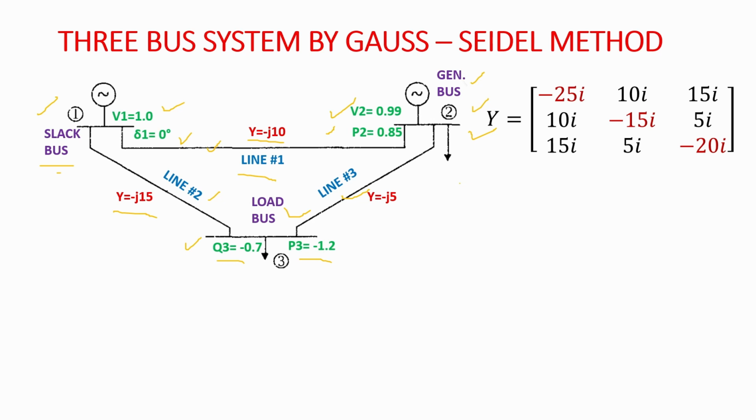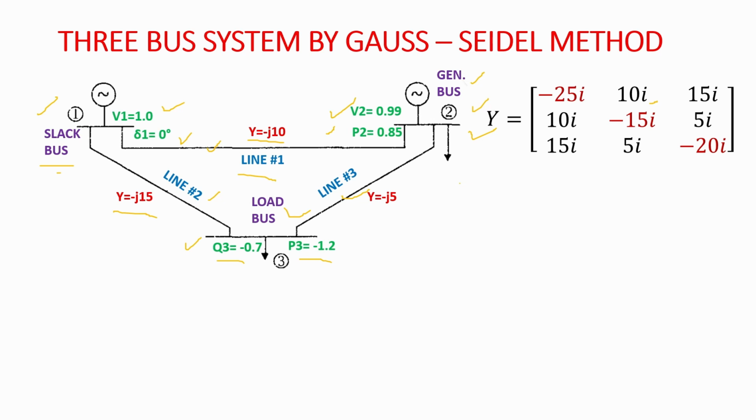Since we have 3 buses, our admittance will be a 3 by 3 matrix. Please note that I use an imaginary I instead of J because in Octave I will use an imaginary I, but it is the same.